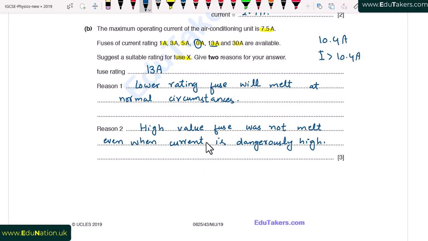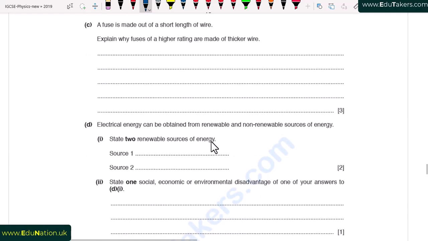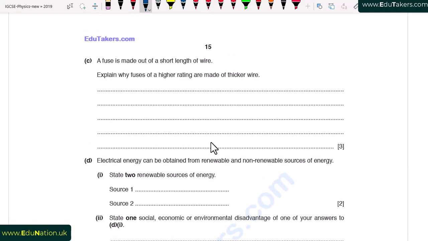So going towards the next part, that is part C. A fuse is made out of a short length of wire. Explain why the fuses of higher rating are made from thicker wire. So first of all, I consider a wire here, and the current is flowing through this wire.